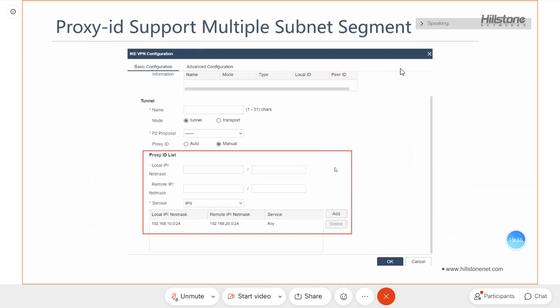We also support adding multiple subnets into the proxy ID list. If you have multiple subnets in the organization, you can add multiple address entries into the proxy ID list.